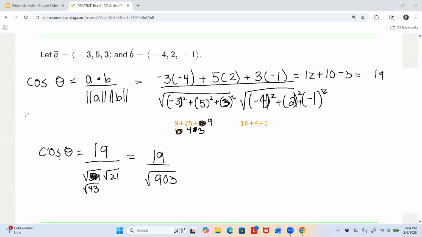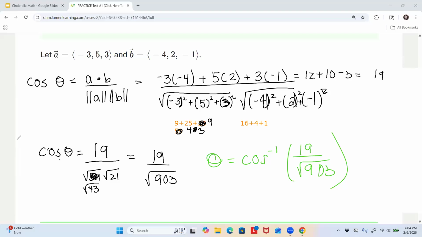So theta would be the inverse cosine of 19 over root 903. And then they want it in radians, rounded to 2 places.